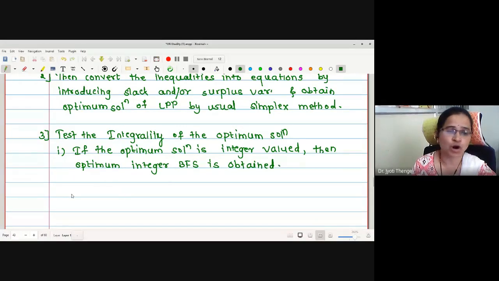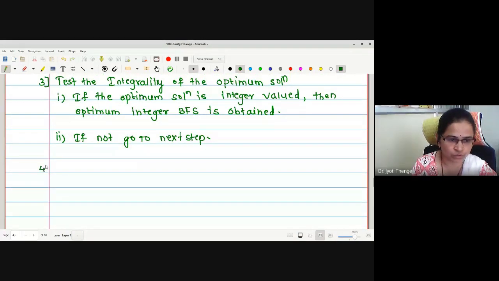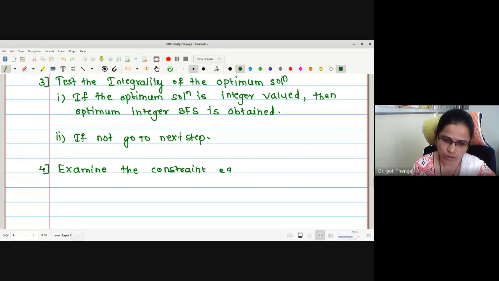If it is not an integer, go to the next step. Now in the next step, we are going to examine the constraint equation corresponding to the current optimal solution.